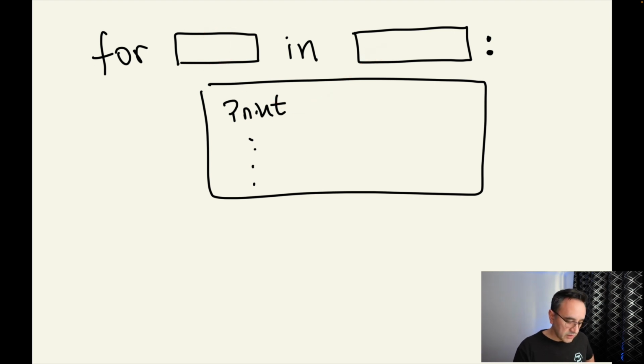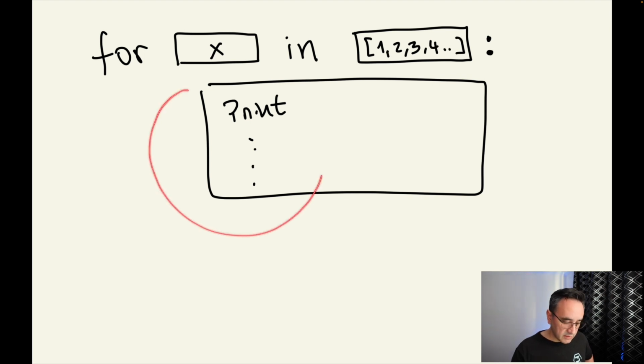So for example, if here we have a variable called x, and here we have an iterable, a list of numbers that will be 1, 2, 3, 4, and so forth, it means every time the loop runs, what it does is pick up one value from this list, assign it to the variable x, and then execute whatever statements are here in this area.